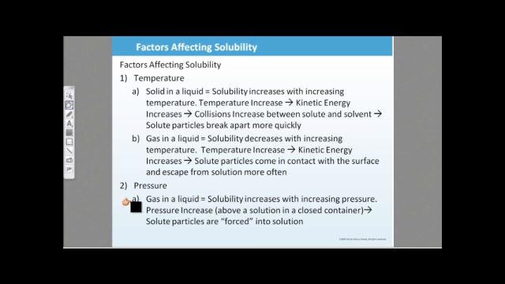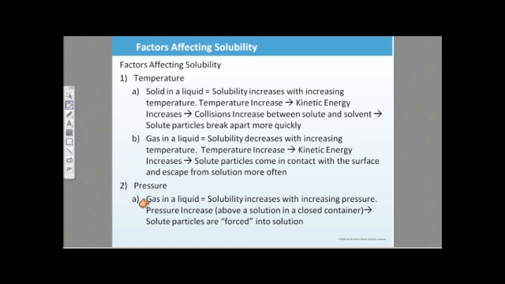Now the second factor, pressure, only works when we're dealing with gases. And this is something you experience with soda cans or soda bottles. Solubility increases with an increase of pressure. Okay? The way to kind of think about it is, like I was mentioning a moment ago, the gas particles are forced into solution. So if you increase the pressure, you are going to force more gas particles into solution.